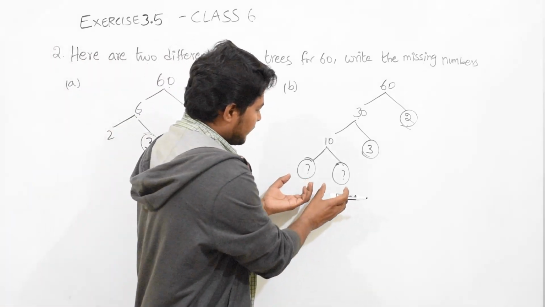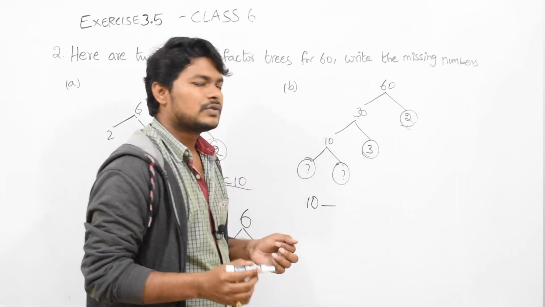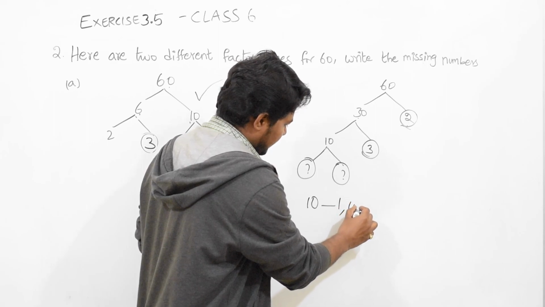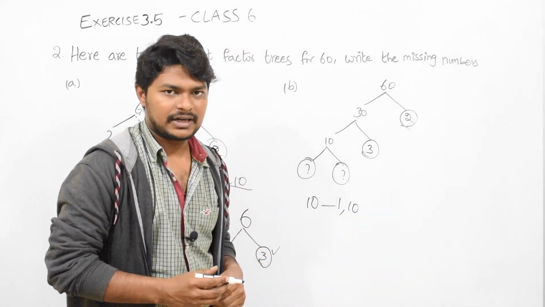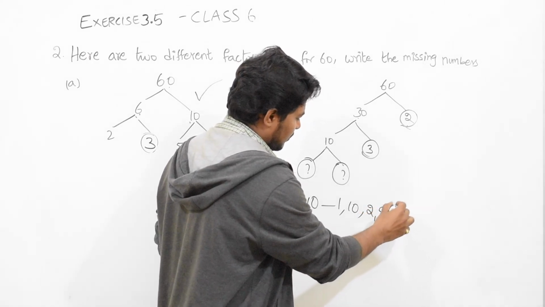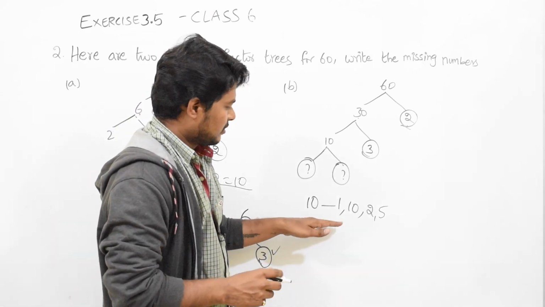Now here we are left with only two things. If you see the factors of 10, 1 into 10 is equal to 10, right? And 2 into 5 is equal to 10, or 5 into 2 equal to 10. That's it.